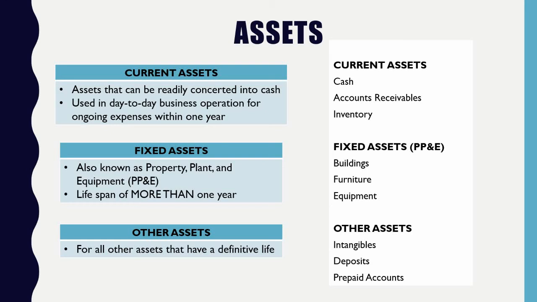And of course, if you think in context, when you buy a building, how long is it going to take you to convert it into cash? It could take anywhere from 6 months to a year or even a year and a half, because you have to go through escrow, you have to go through appraisal, you have to go through the bank to make sure that both parties have enough money to transfer ownership.